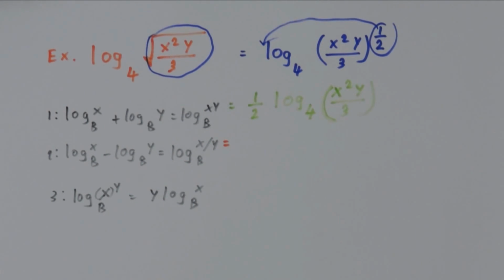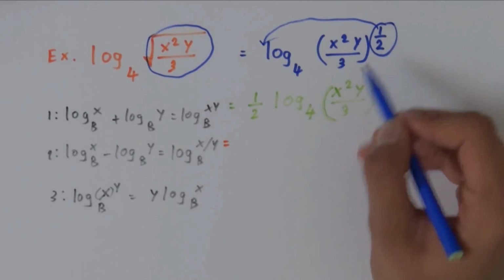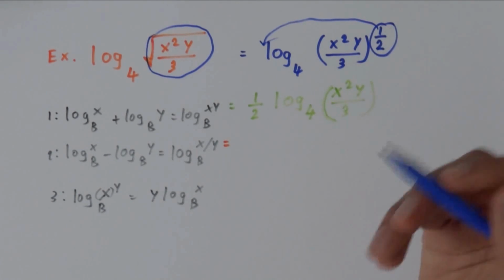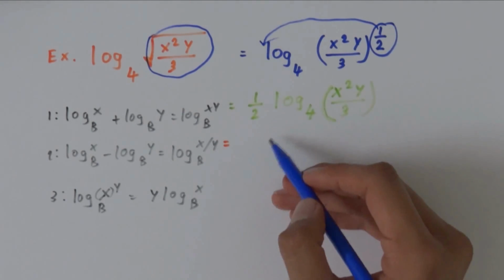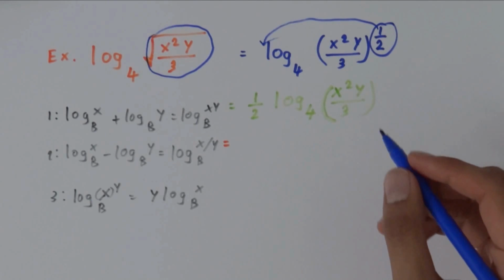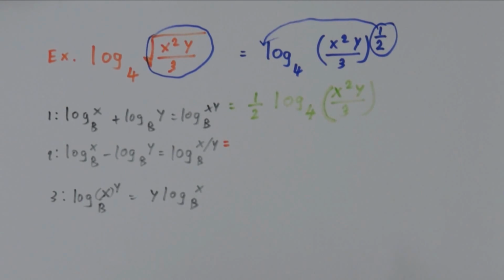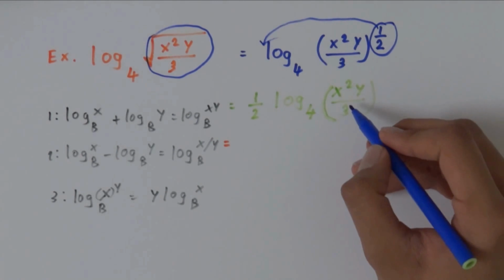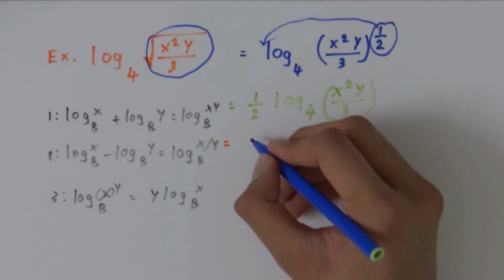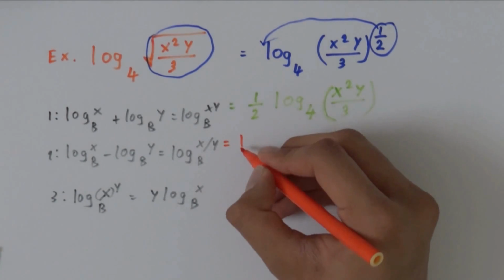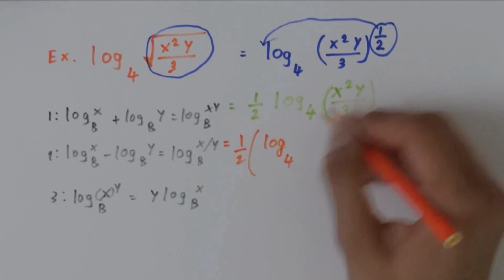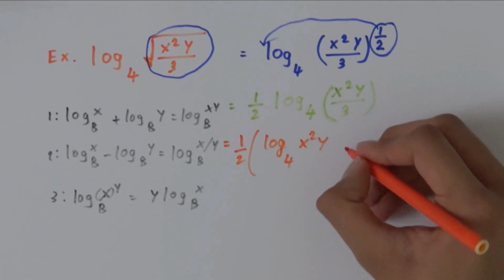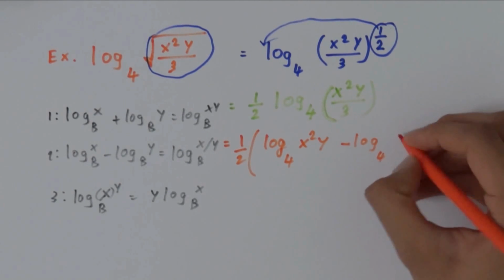Using the third property here, we send the power in front of the whole logarithmic expression, that is 1 by 2 log base 4 of x squared y divided by 3. Now let's use the second property to separate x squared y and 3. That would be 1 by 2 times log base 4 of x squared y minus log base 4 of 3.